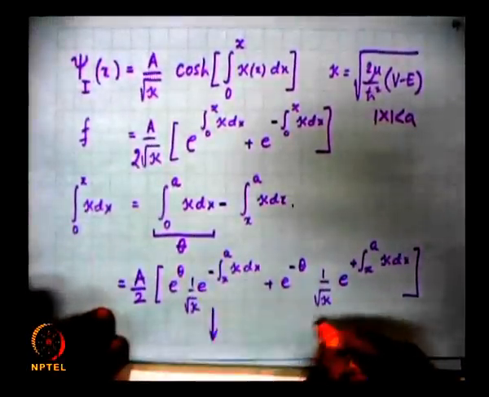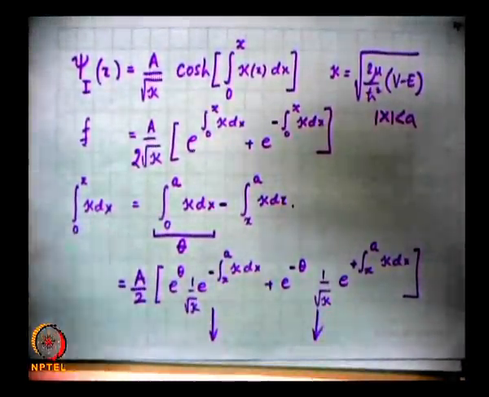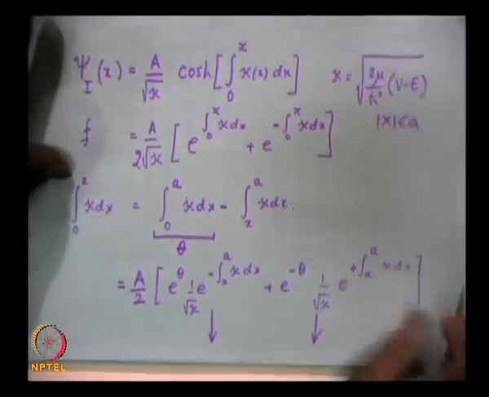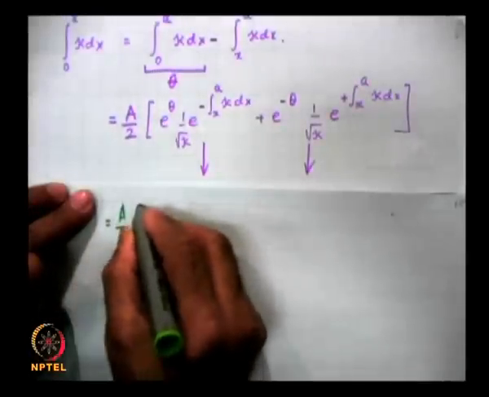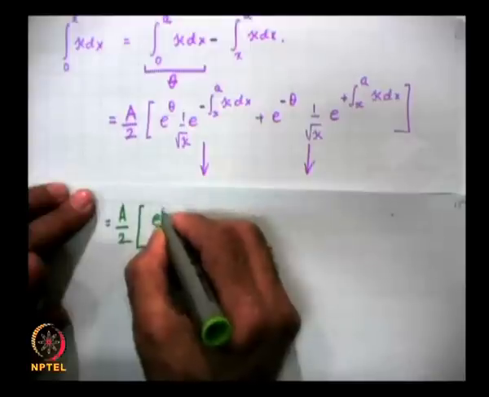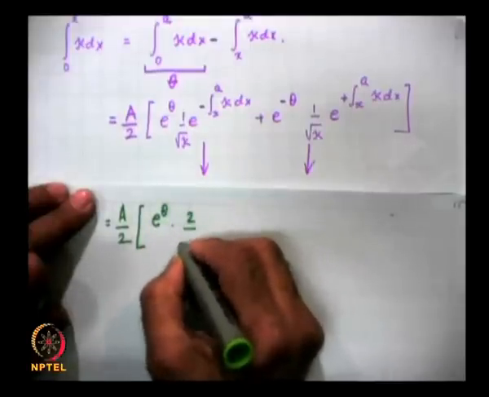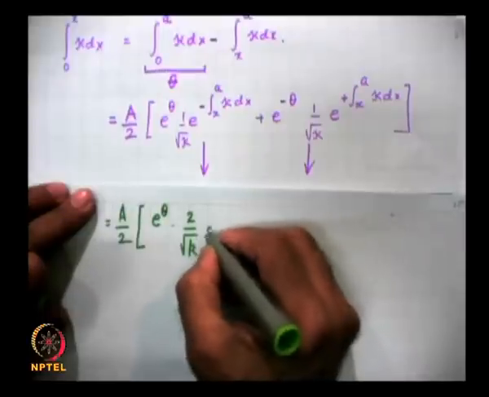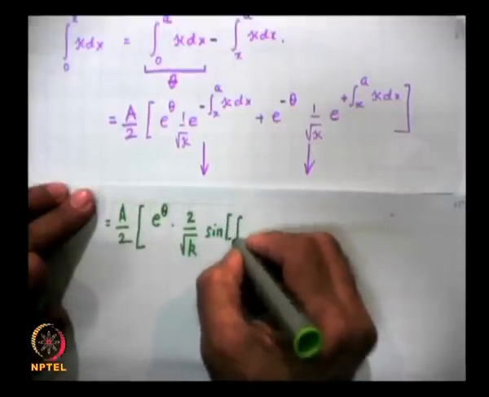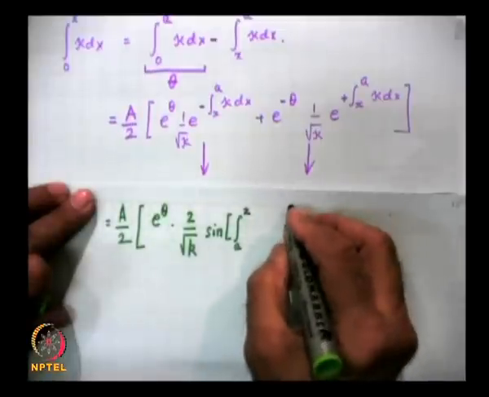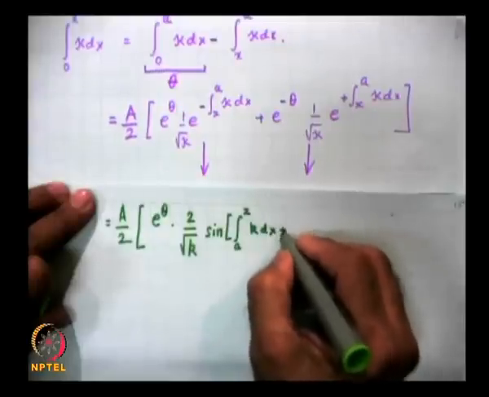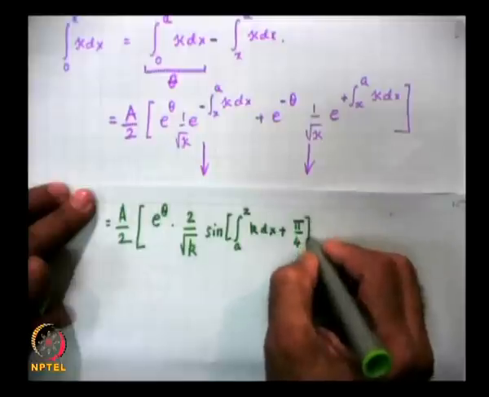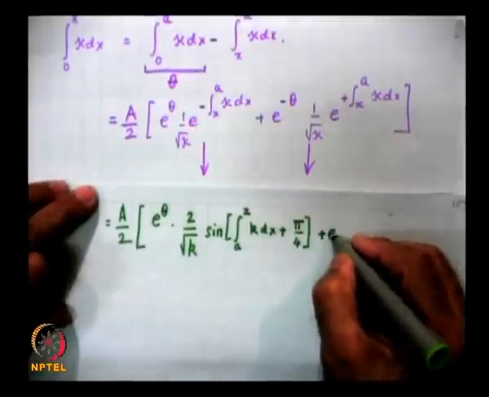So, this goes over to a by 2 e to the power of theta, and this will be 2 by root k, that factor 2 you must remember, sine of integral a to x, because in that region x is greater than a, k dx plus pi by 4, and this solution will go over to e to the power of minus theta.